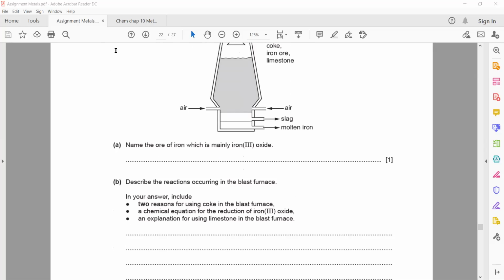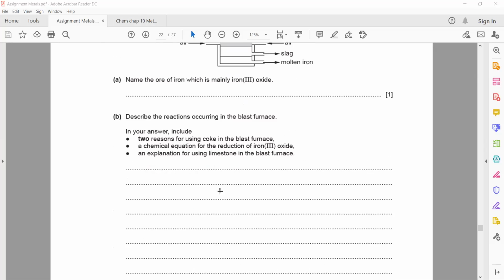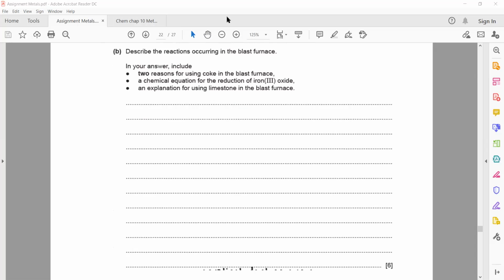Then describe the reactions that occur in the blast furnace. This whole question is worth 6 marks: 2 reasons why we use coke, 2 chemical equations for reduction of iron, and explain the use of limestone.